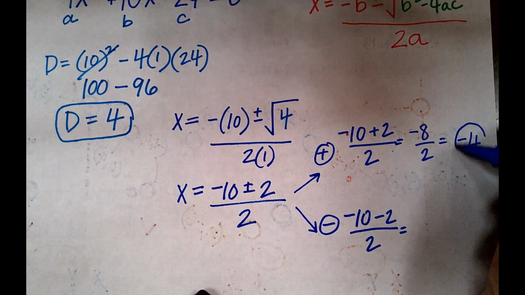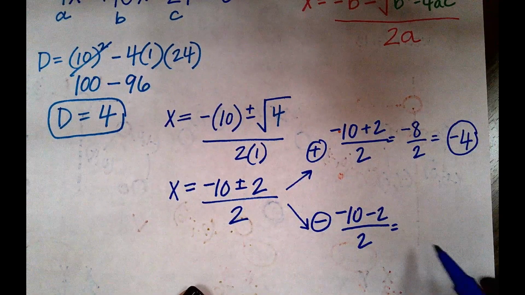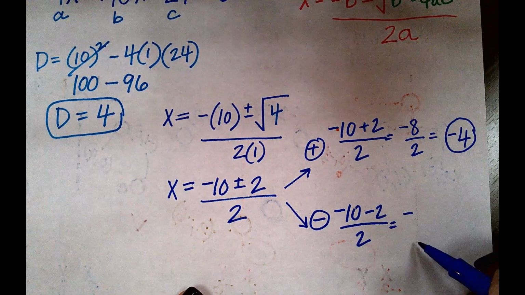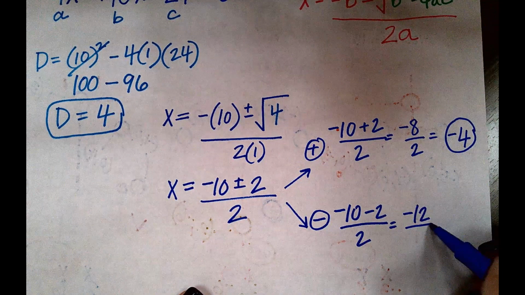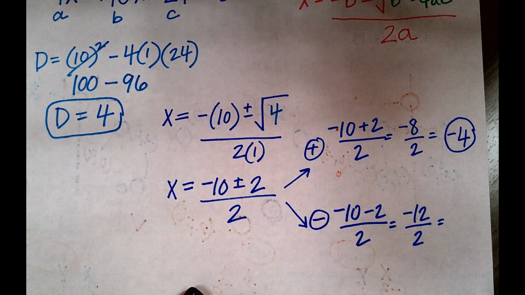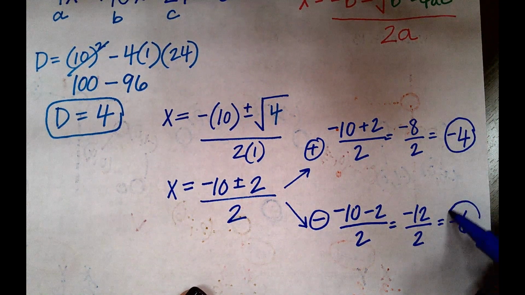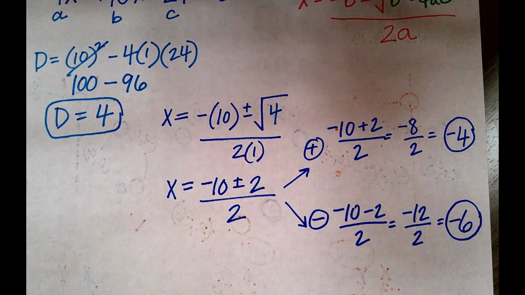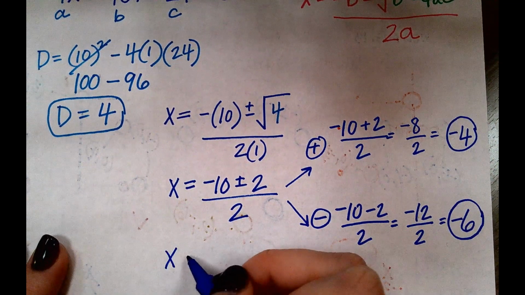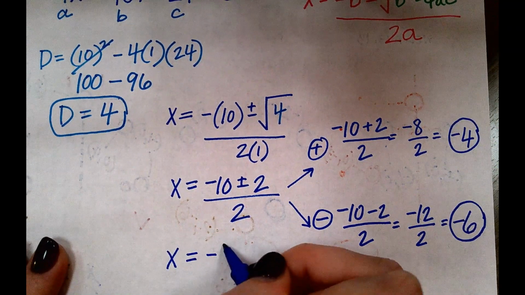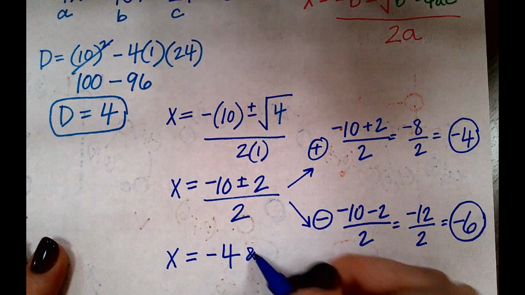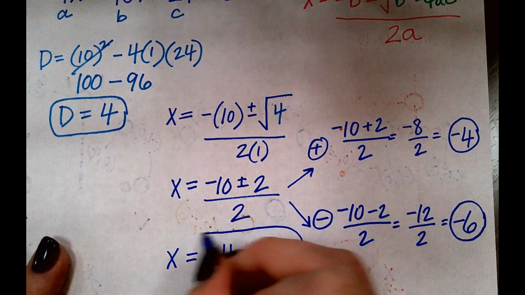Perfect. And then the negative 10 minus 2 over 2 is going to be negative 12 over 2. And then the whole answer is going to be negative 6. Yes. And then x equals negative 4 and negative 6. Amazing.